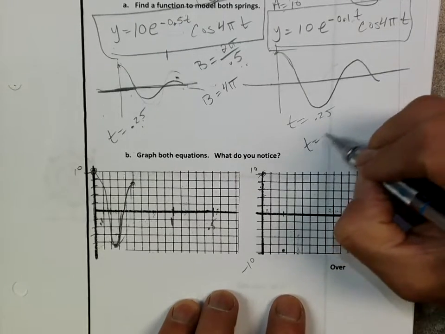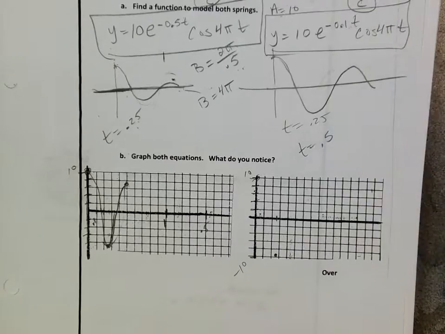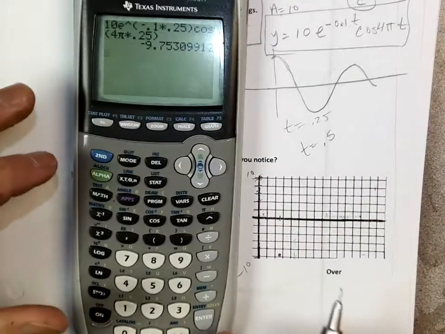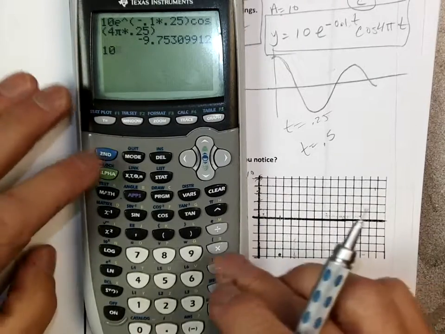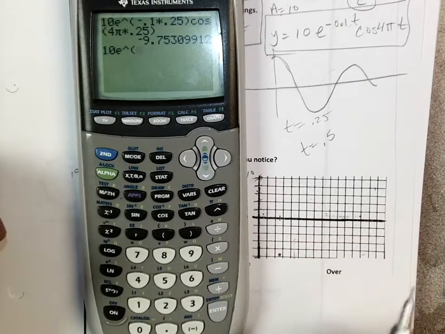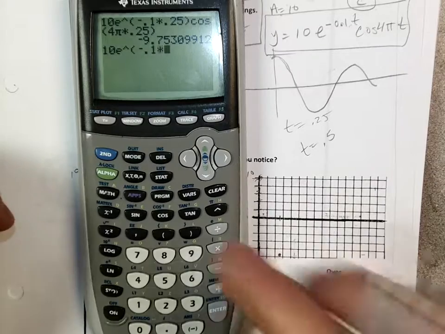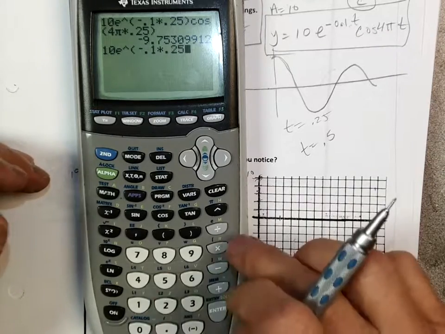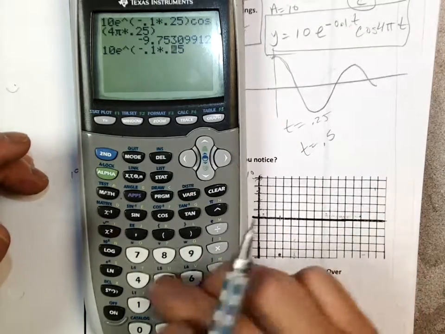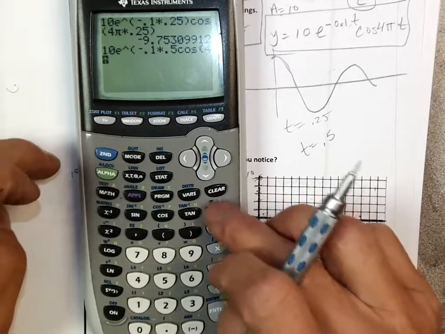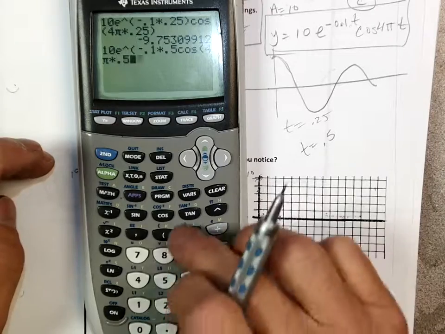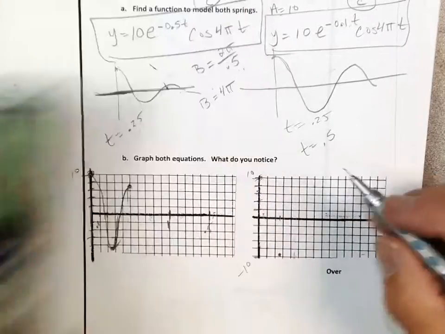And let's let t equal 0.5. And I can then go to my 10, hit my e to the negative 0.1 times 0.5, cosine 4 pi times 0.5, and I get an answer of about 9.5, okay?